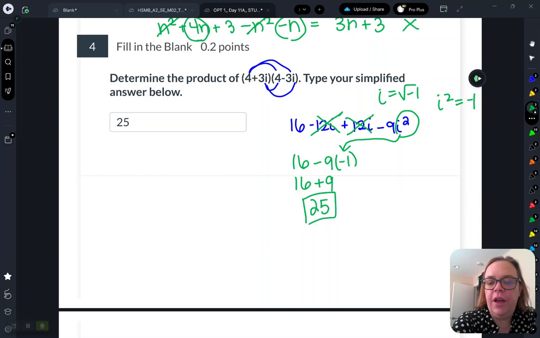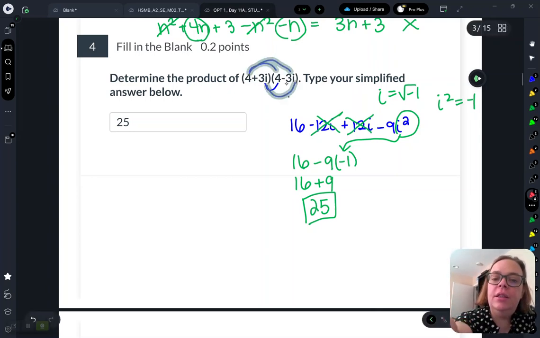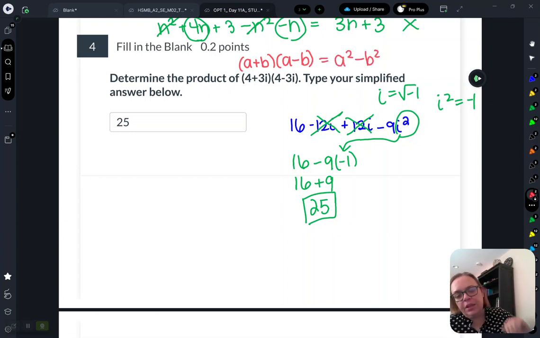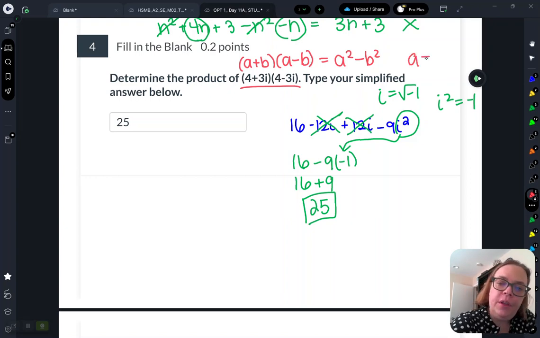So I said there was a shortcut. If you recognize this as an identity, specifically difference of squares, this is essentially (a plus b) times (a minus b), which becomes a squared minus b squared. That is the difference of squares identity. If you can recognize that's the pattern of what they're giving you, a is 4 and b is 3i.